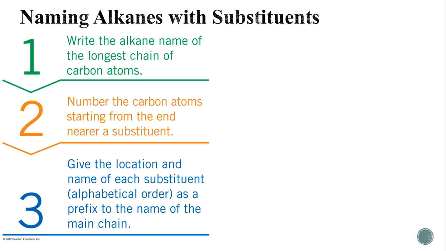Then we tell the viewer where each of the substituents or extra groups is on that chain. We can say on carbon number 2, there's a bromine, and on carbon number 5, there's a methyl group. That's why we number the carbons, so we can give the viewer a map of where everything is.